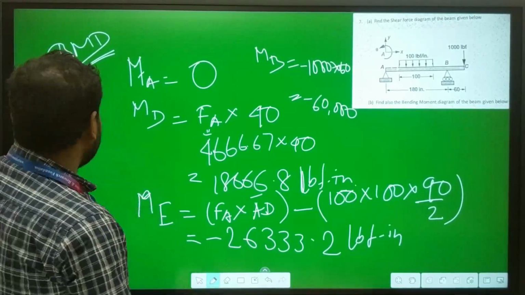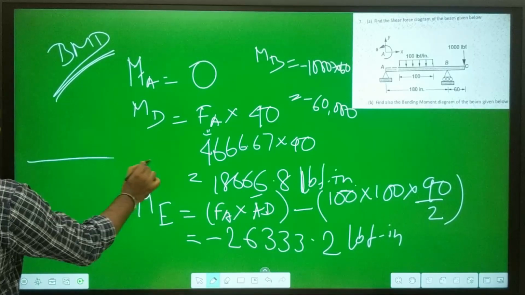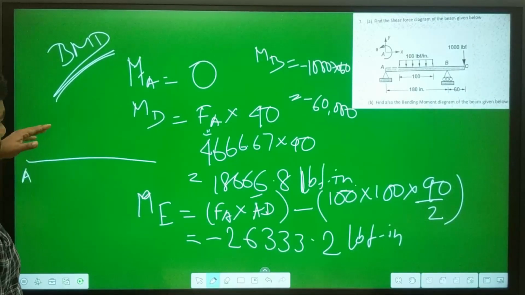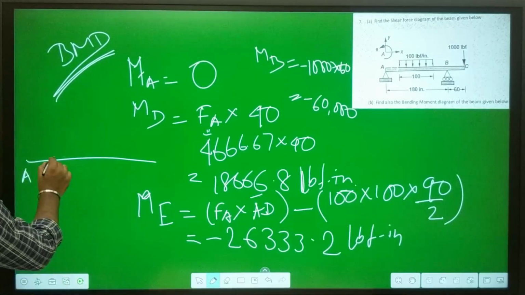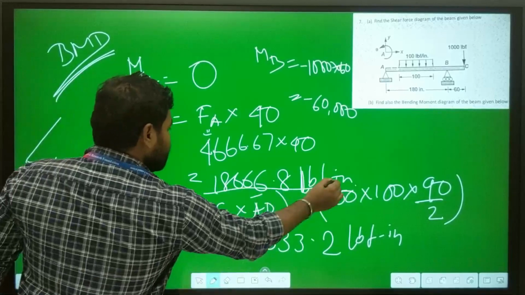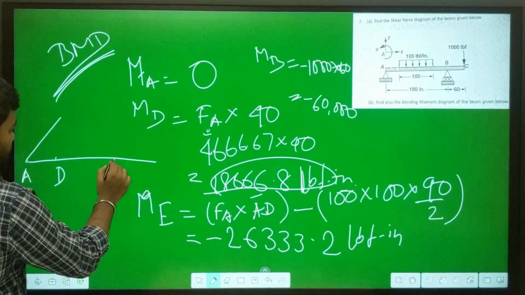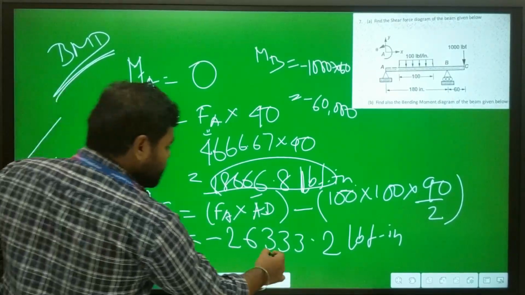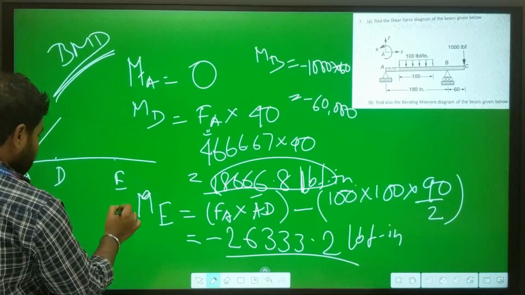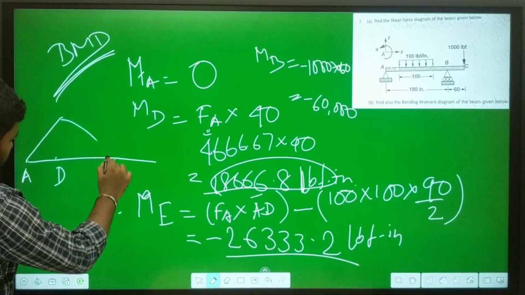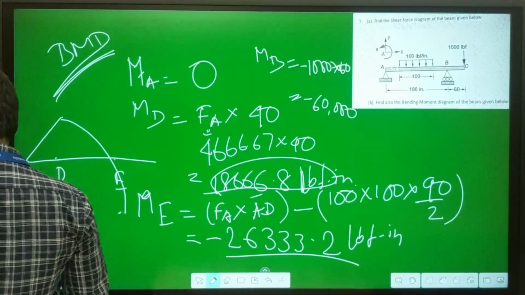Now we have to draw the bending moment diagram. At point A it is 0, and it will be a straight line up to point D to this value. Then up to point E, as it is a uniformly distributed load, the bending moment diagram will be parabola shaped in the negative value. So let's consider this as the ME value, and it will be a parabola shape.